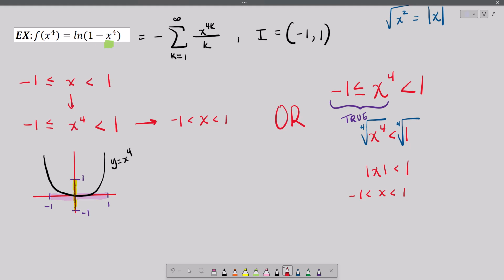Why can't you take the 4th root of -1? I know that doesn't work out, but why, logically, doesn't it work? Exactly because of what you just said. The 4th root of -1 is undefined. So if we have an inequality like this and we're taking an odd root, you can do an odd root of all three pieces. But if you have an even root, you can't do an even root of all three pieces.